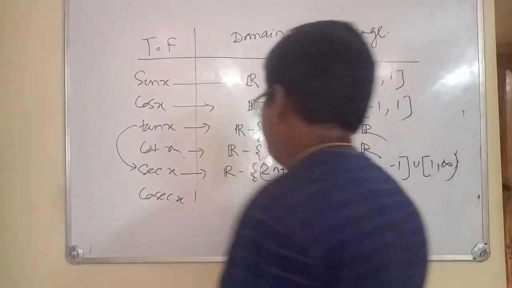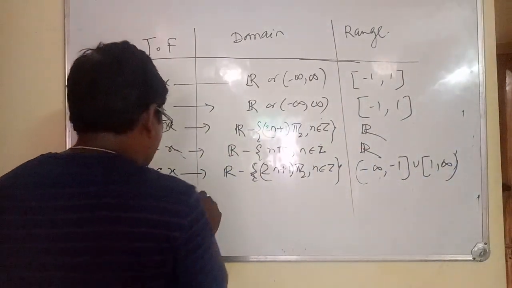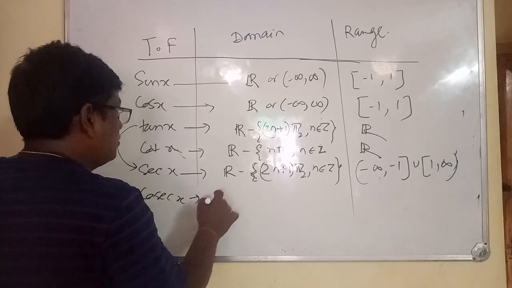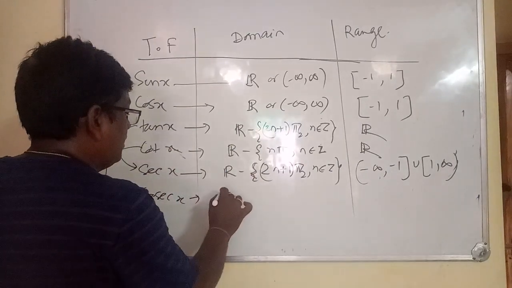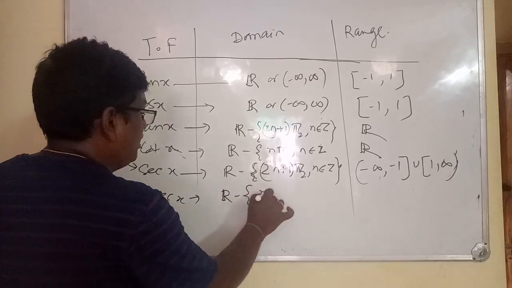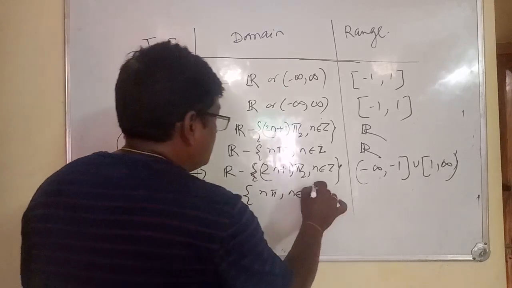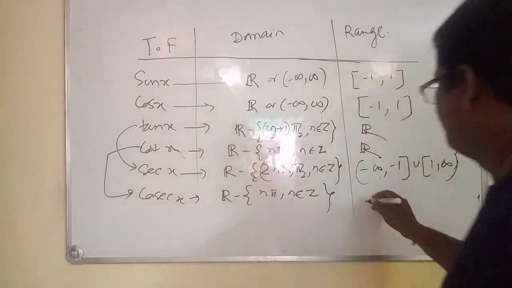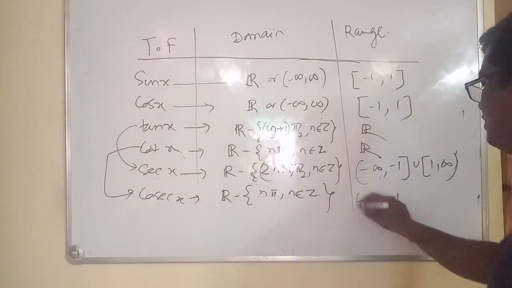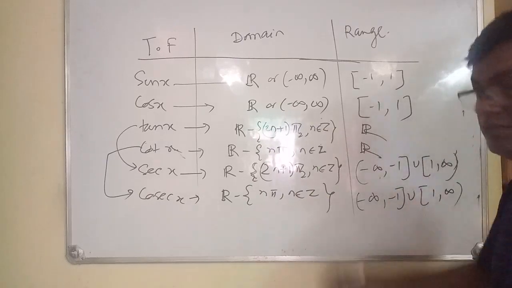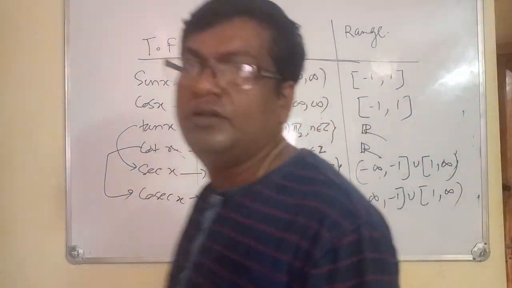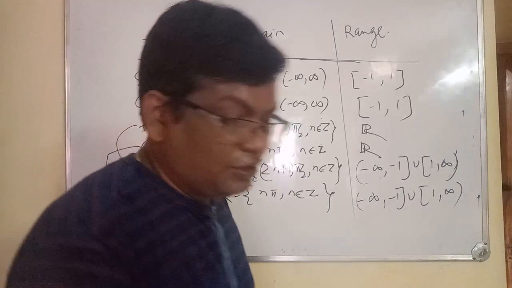Clear? And cosec is 1 by sin, cot means cos by sin, so domain of cot x is R minus n pi, n belongs to Z, and range is minus infinity to minus 1 union 1 to infinity. You have to memorize this table of the domain and range of the trigonometric functions.